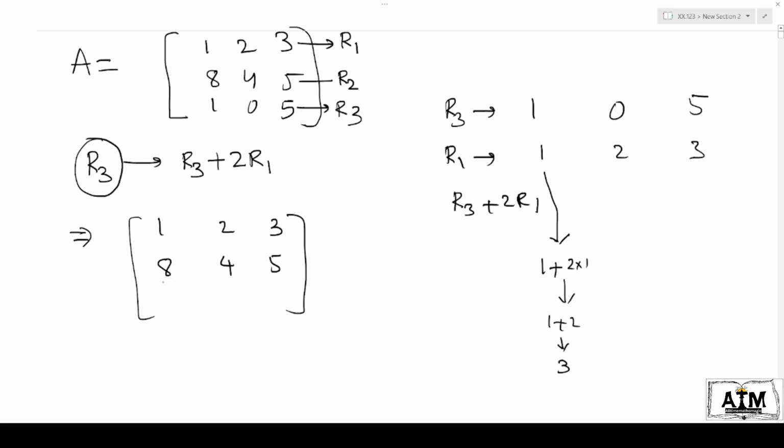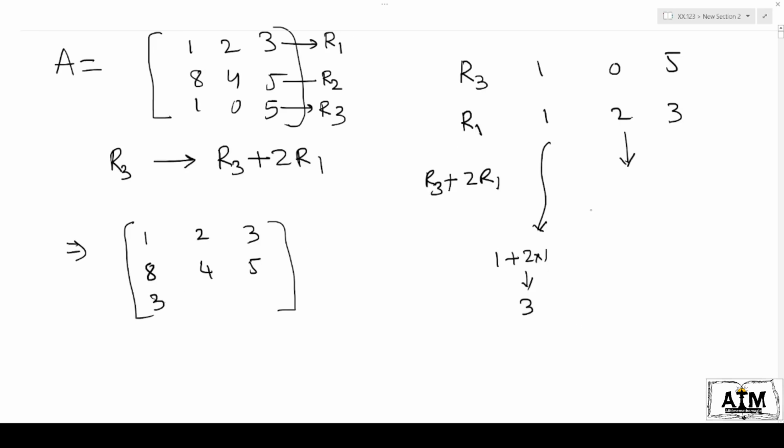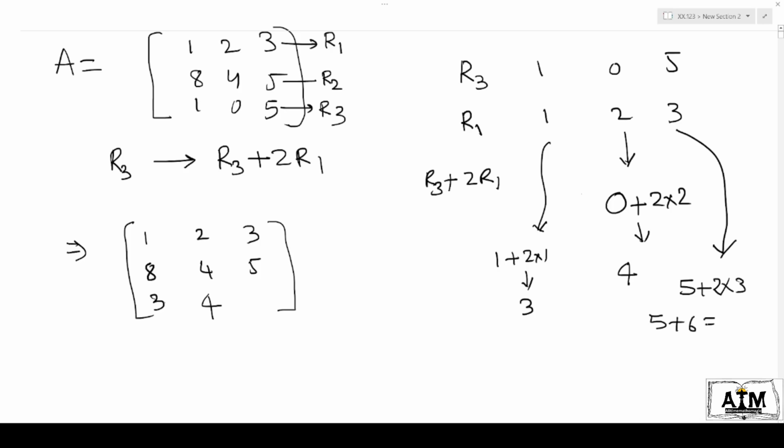So we write 3 here. In the second case, R3 is 0 plus twice R1, 2 into 2, that is equal to 4. So 4 will come here. After that, R3 is 5 plus twice R1, 2 into 3, 5 plus 6 equals 11. So 11 will come here.